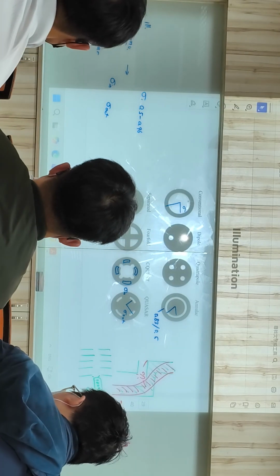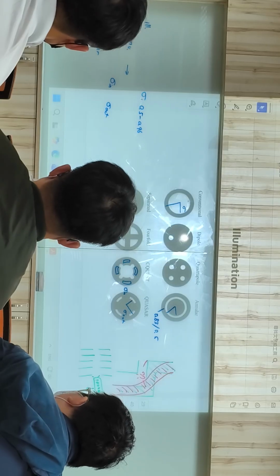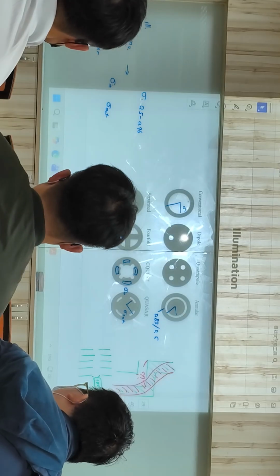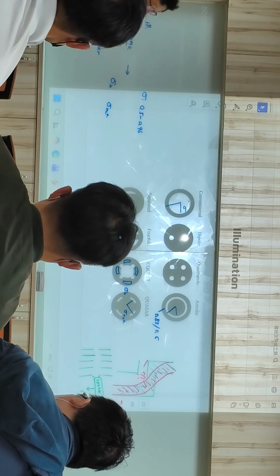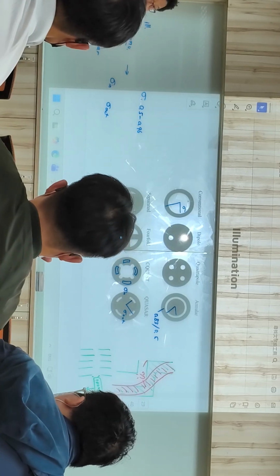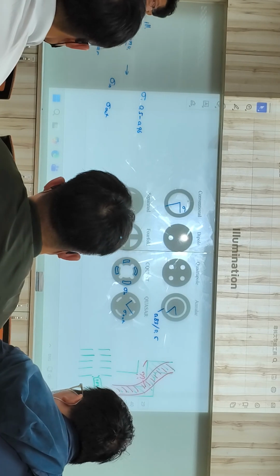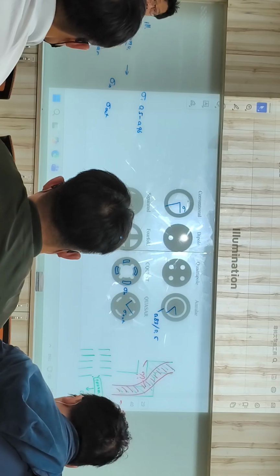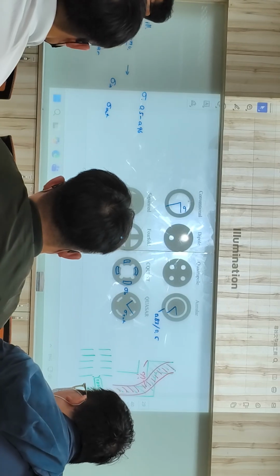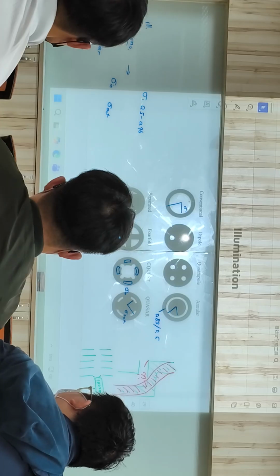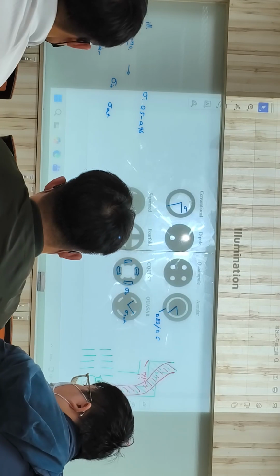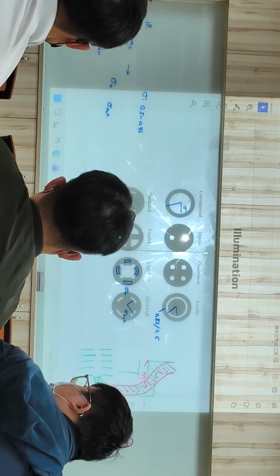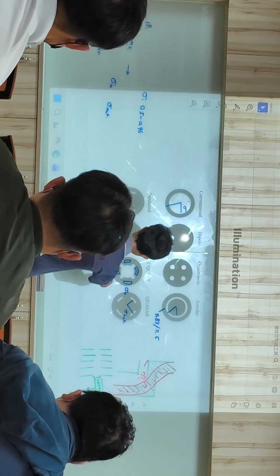But you'll find there's something missing for quasar. What is missing? One component is missing.